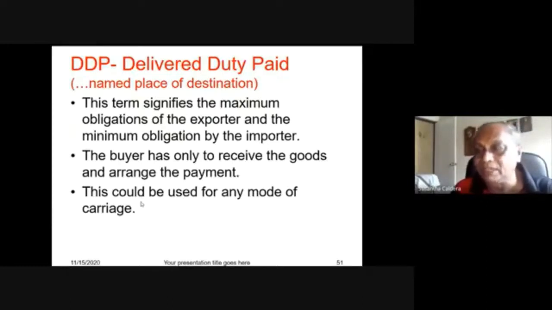All the F terms are origin. And all the others are destination. All the F terms and EXW are origin. All the others are destination. CIF, again destination. FOB, origin. All the F terms are origin.